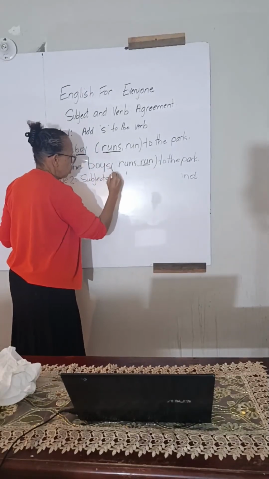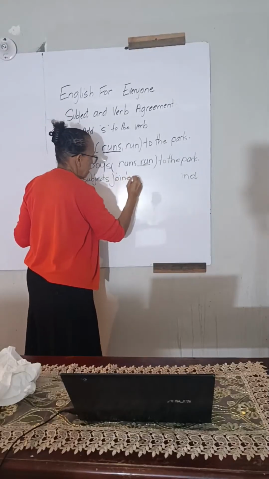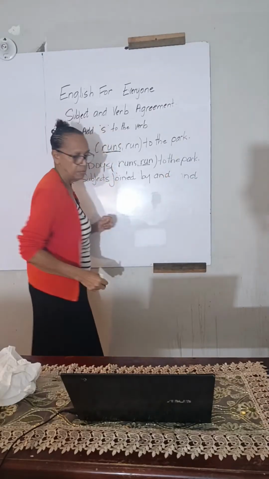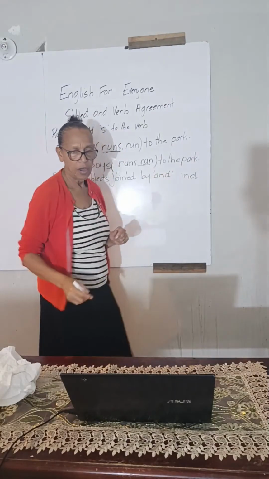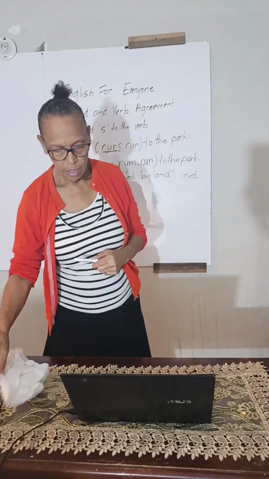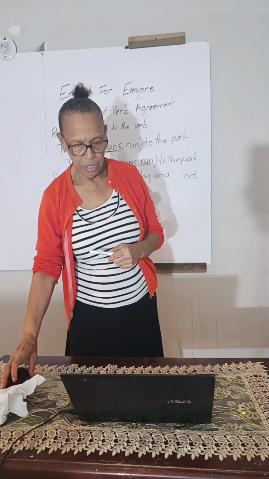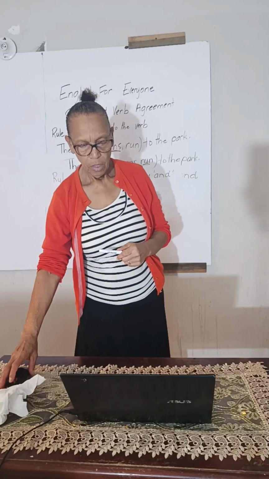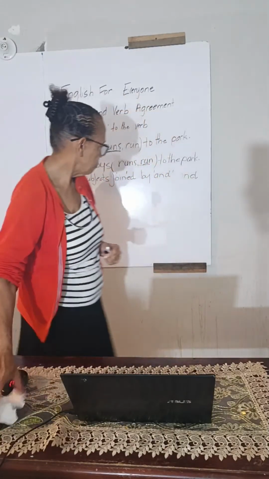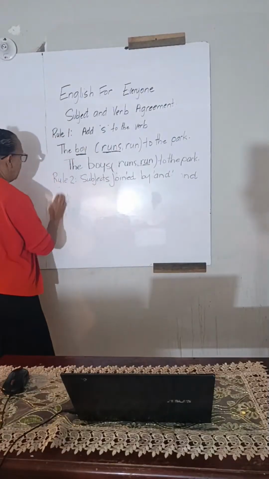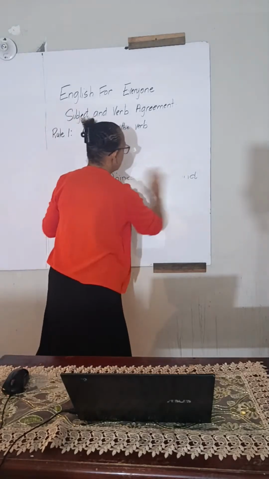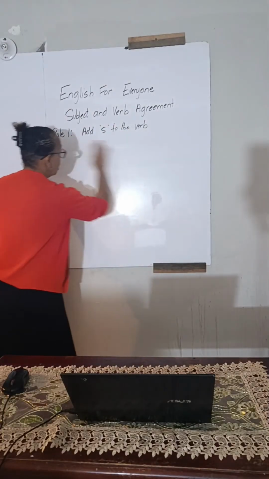Subjects joined by and. All right. Next one, rule 3: subjects joined by or and nor. Let me write it properly so that you can see that. Let me clean and write.